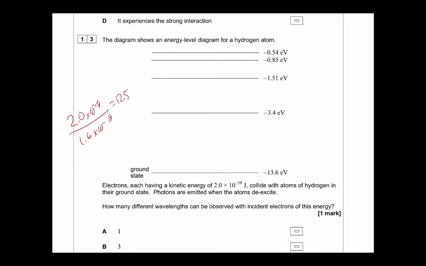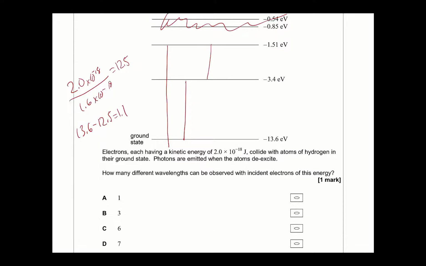Okay, so these two are out of reach. So I have 1, 2, 3. 3 different ones that can possibly happen.